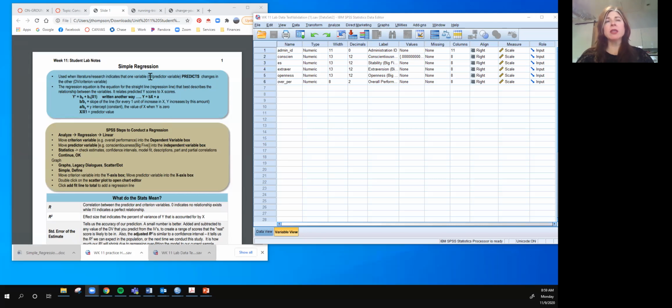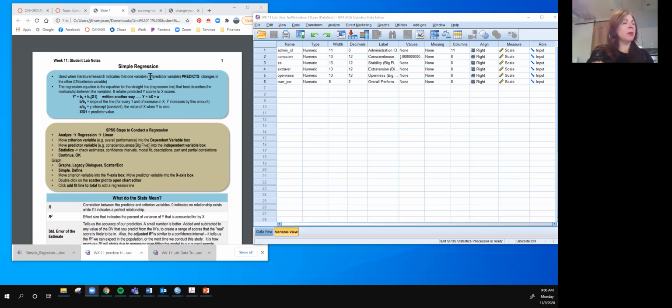So one of the key things that we want to do here is, unlike correlation, which is two DVs, we're changing from two DVs to not quite an IV and a DV, because an IV is manipulated most of the time. But we're changing to something called a predictor.